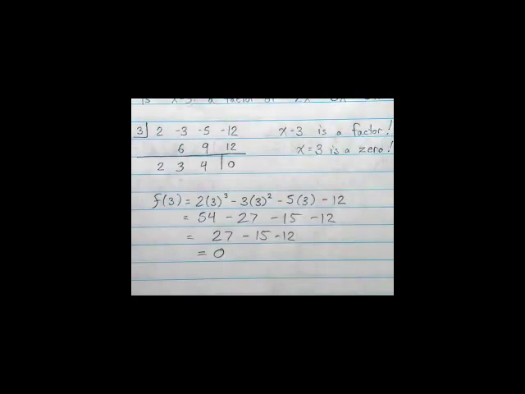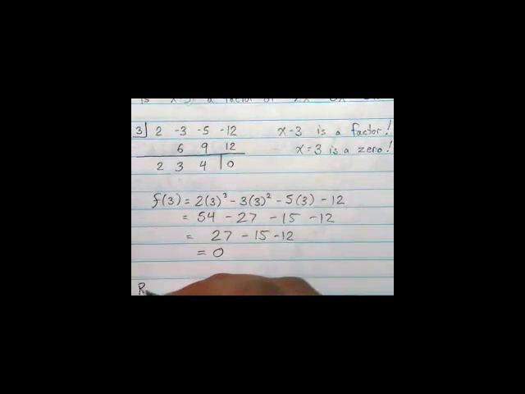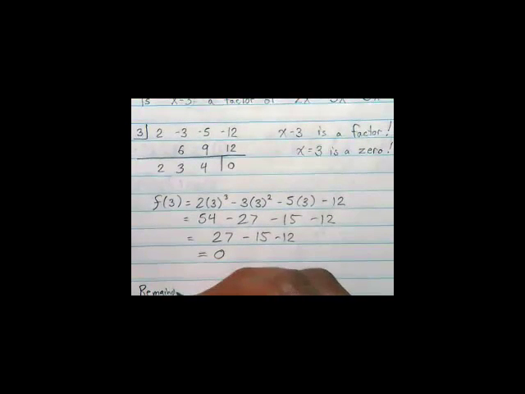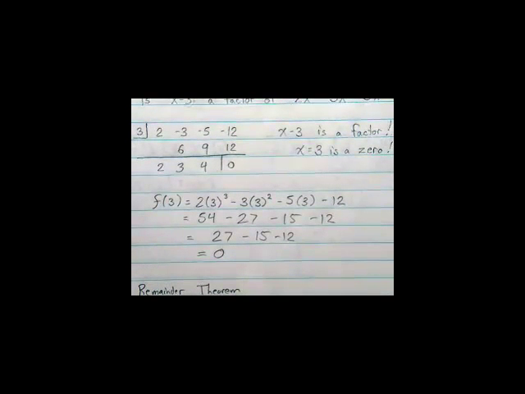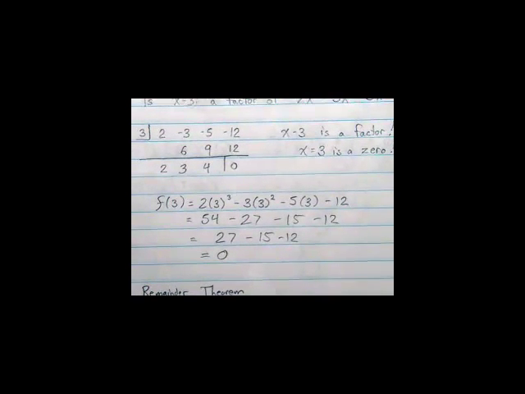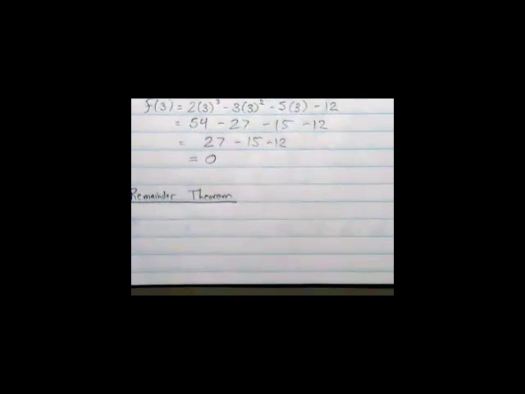All right, so that is the factor theorem. There's also what's called the remainder theorem, which is related to the factor theorem. This is kind of the general case for everything, not just checking for factors.